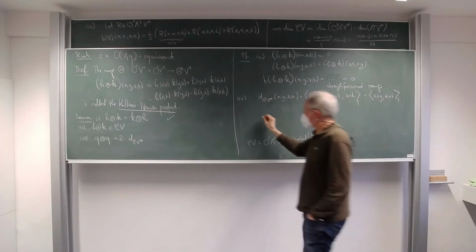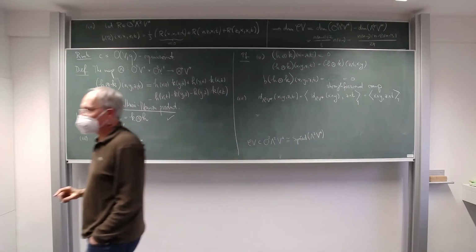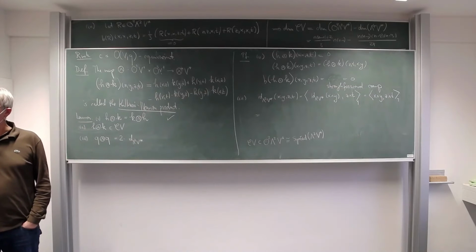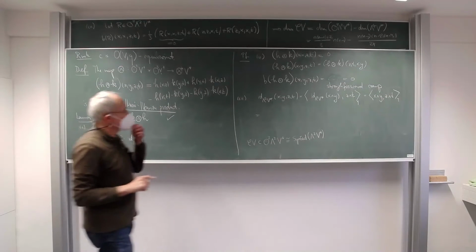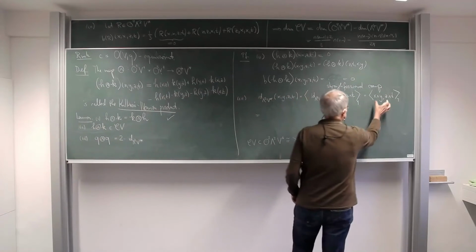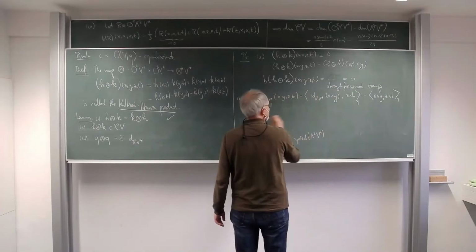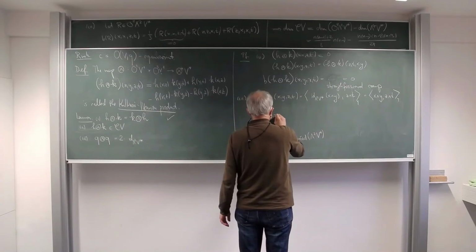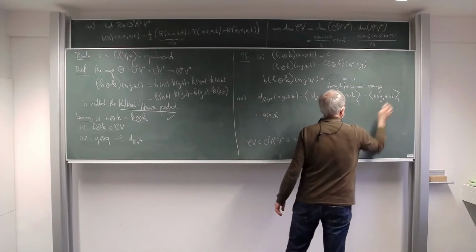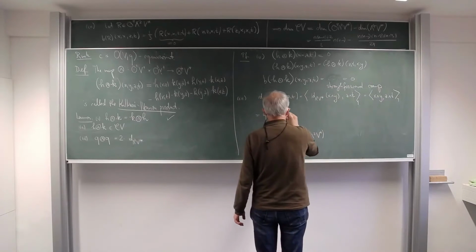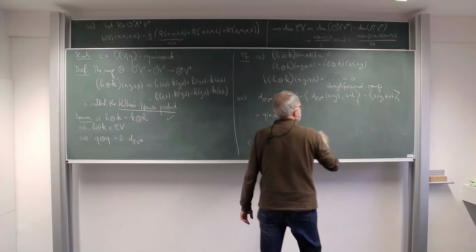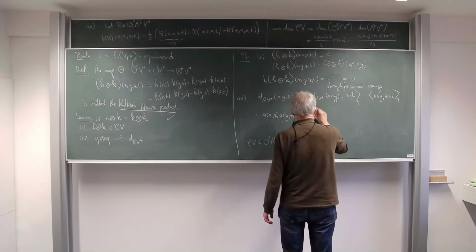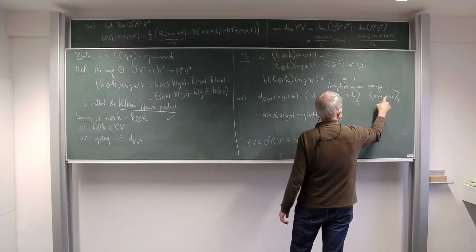And now we have to remember how we actually induce a scalar product on lambda 2 from Q. And it's as follows. I have to take the scalar product of x with z times the scalar product of y with t minus the scalar product of x with t times the scalar product of y with z.